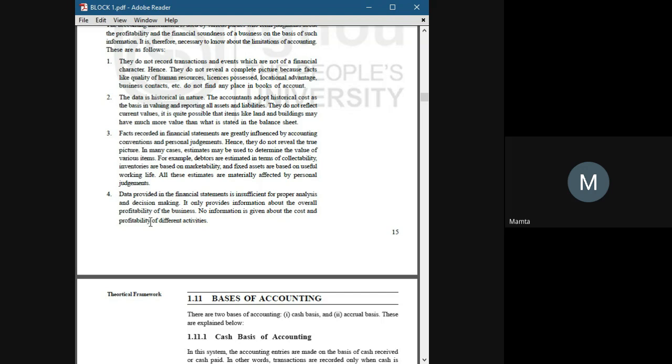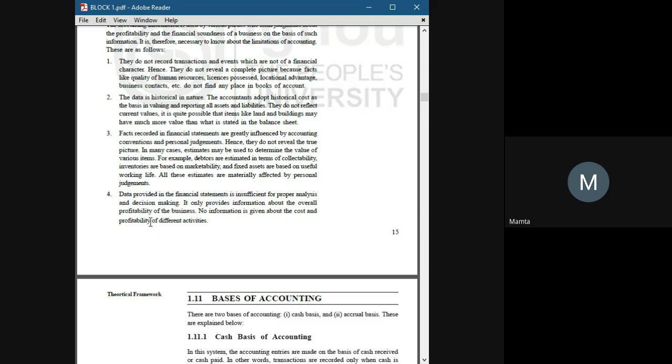Sorry, I'm reducing the value by 10,000 every year of this machinery.